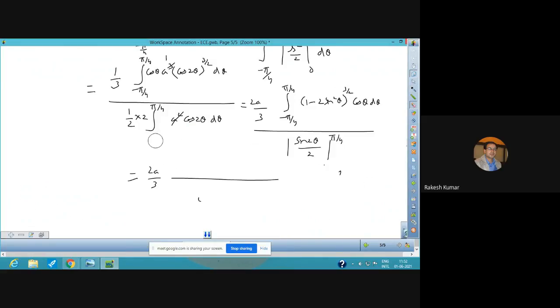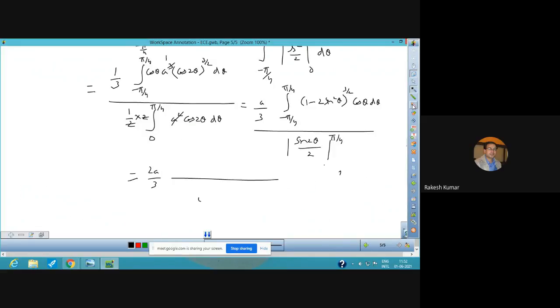So just make the lower limit 0 because of the even property, so it can be cancelled out, and here you will have only a by 3. So just make a change here because the 2 will not go up now, so you will have only a by 3.